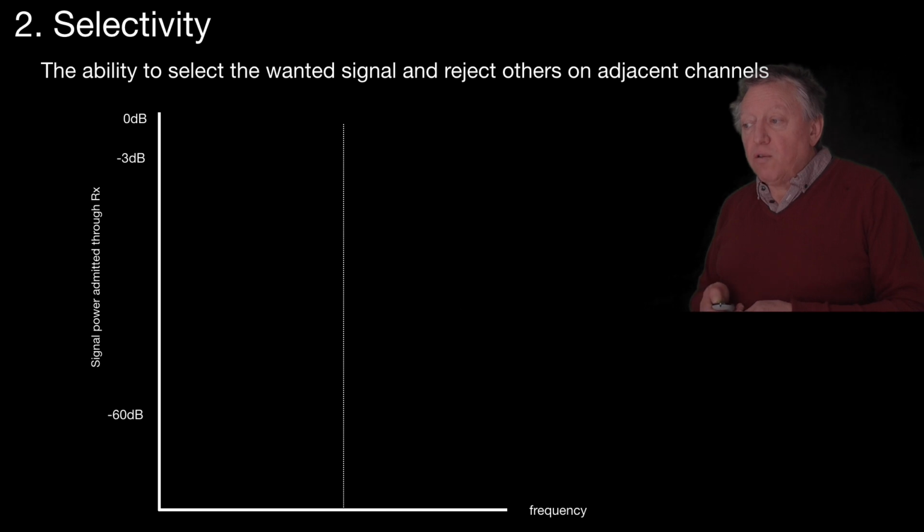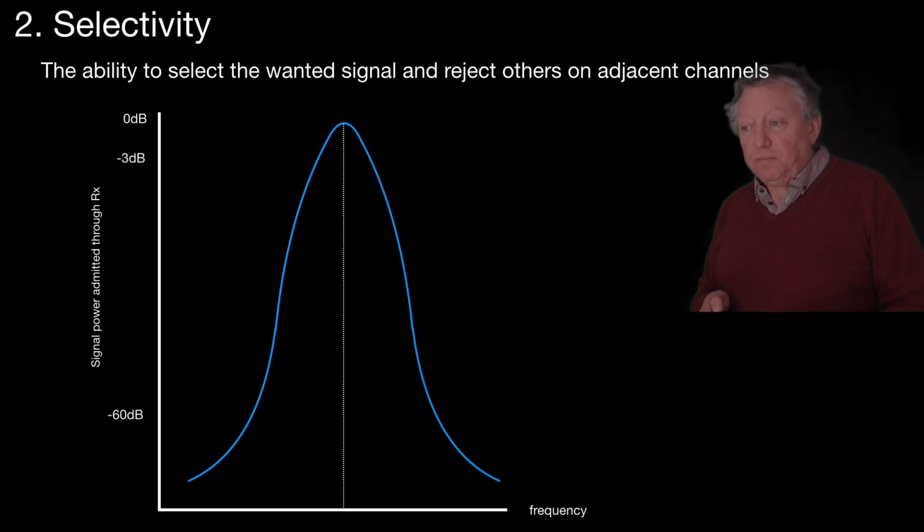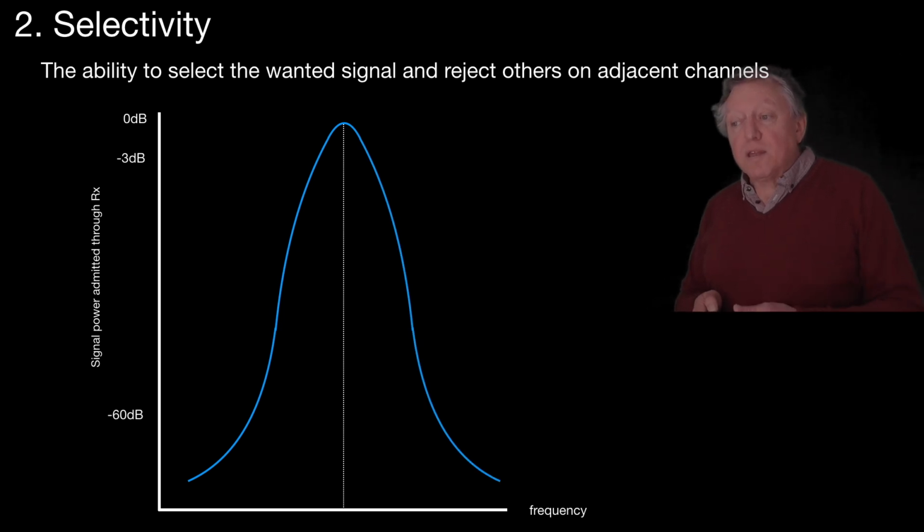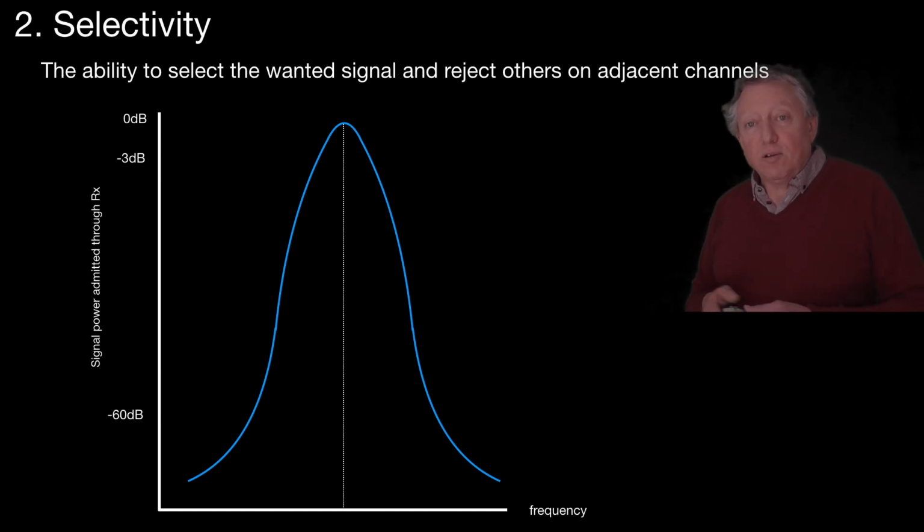Now, if we plotted a graph of the selectivity of our receiver, it would look something like this. You can see it's most selective on the frequency it's tuned to, and on either side it is rejecting signals.